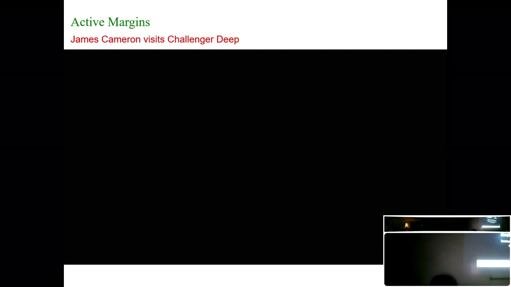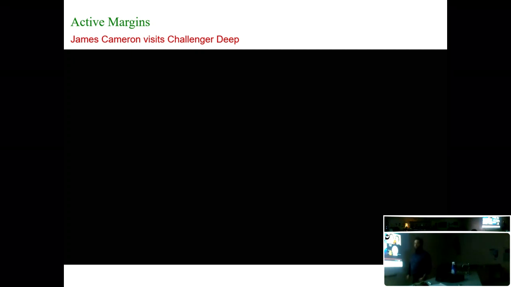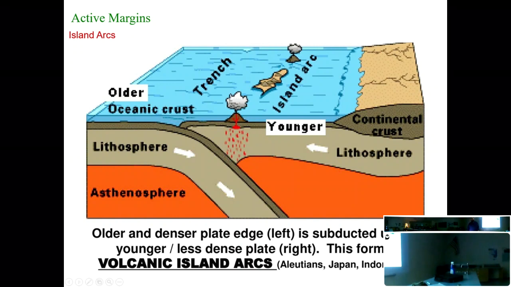You know what they found in Challenger Deep? A plastic bag. Isn't that depressing? You go down there and all you find is plastic bags and mud, and it's like you could have found that in Oso Bay. But anyway, the trailer's good though.